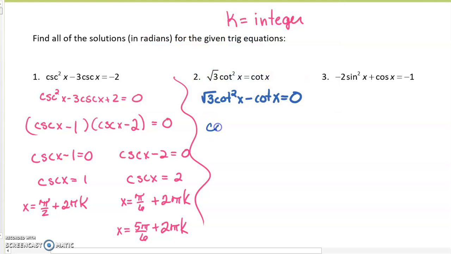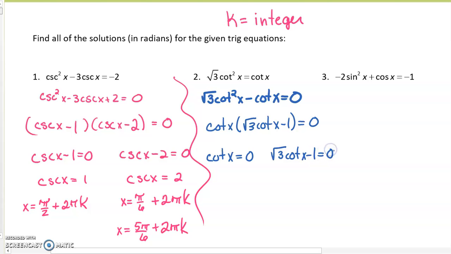Now I'm going to factor out this GCF. And then I'm going to set each factor equal to 0. Again, I know I'm moving pretty fast, but you should have taken that opportunity to work through this on your own prior to watching the video.